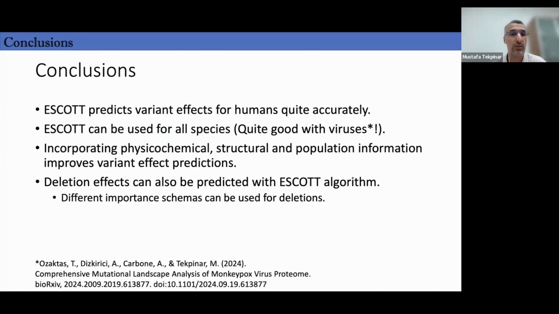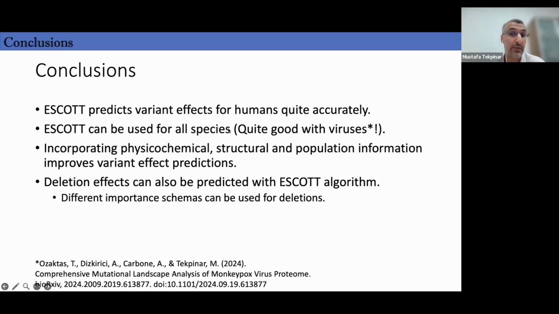So I want to summarize our findings. As I've just shown, PRESCOTT is quite good for predicting variant effects in human proteins, but I should really emphasize that we did not develop PRESCOTT to predict human proteins well. We developed the method as a general method to predict mutational effects for all species, I would say.